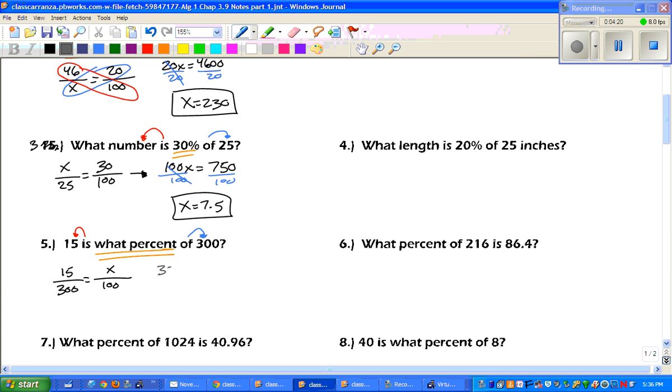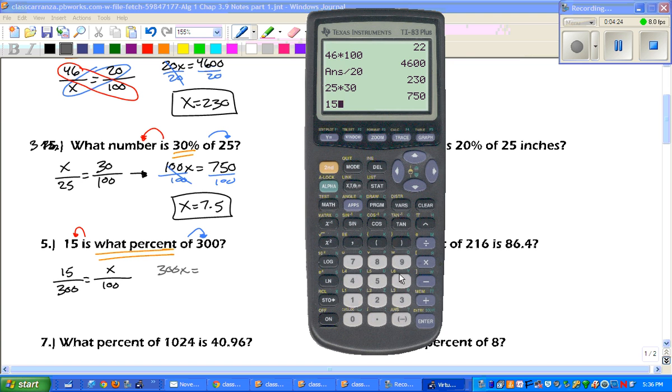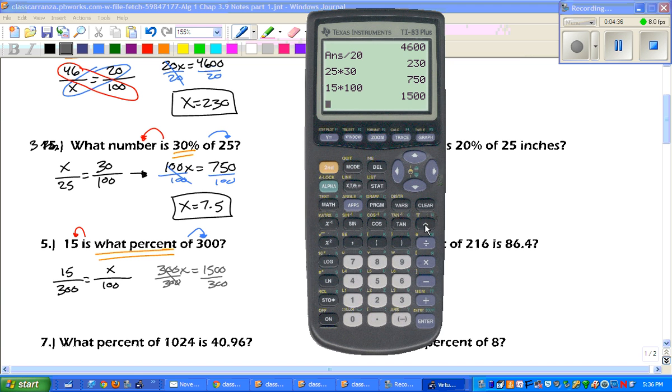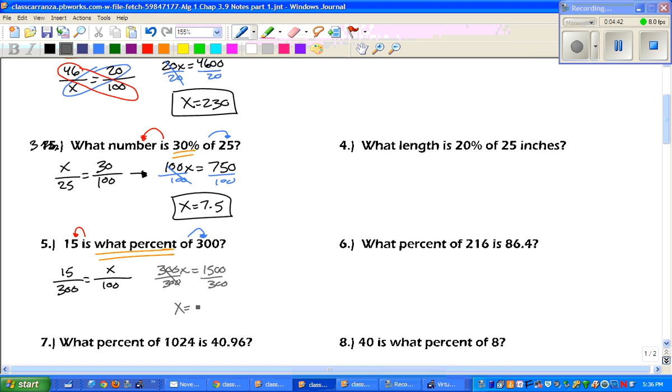Set up your cross multiplication. We get 300x equals 15 times 100, 1500. Get the x by itself by dividing by 300. And we get our answer. And now it's not just 5, this is 5%.